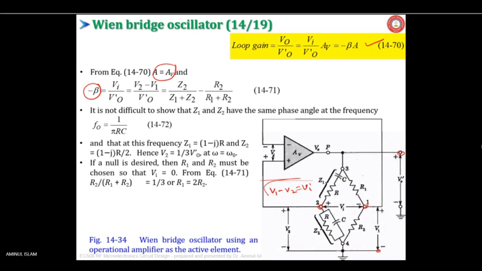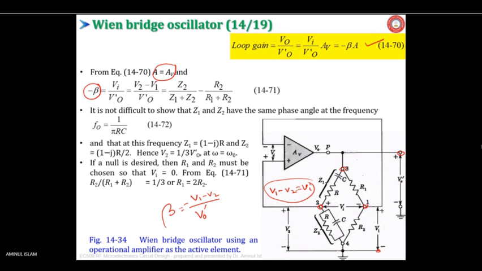So this part is the input. So beta is normally defined as what? Its output voltage, that is VI here, V1 minus V2 with the minus sign, and the input applied between 3 and 4 is your VO prime. That's what is said here.